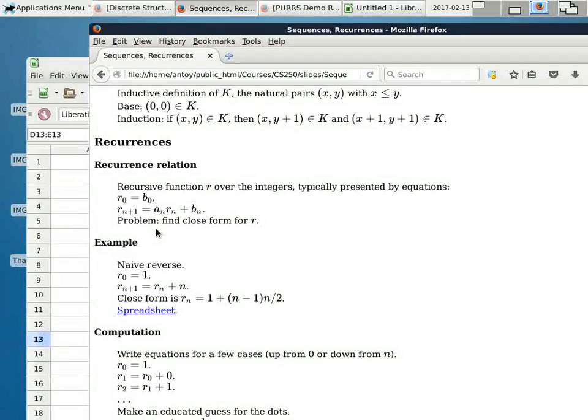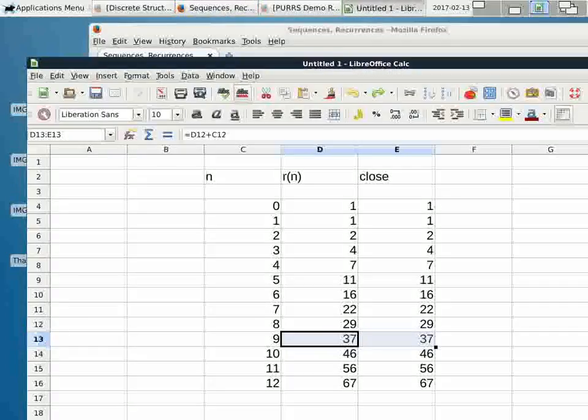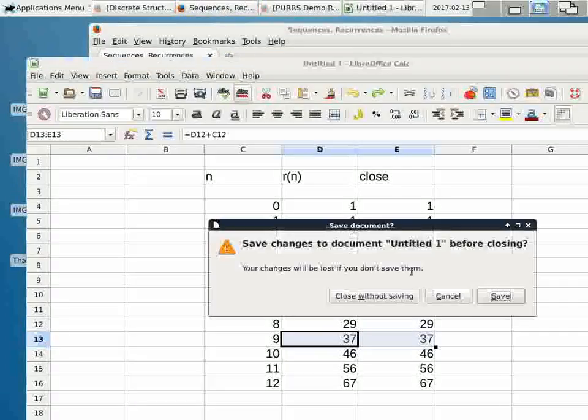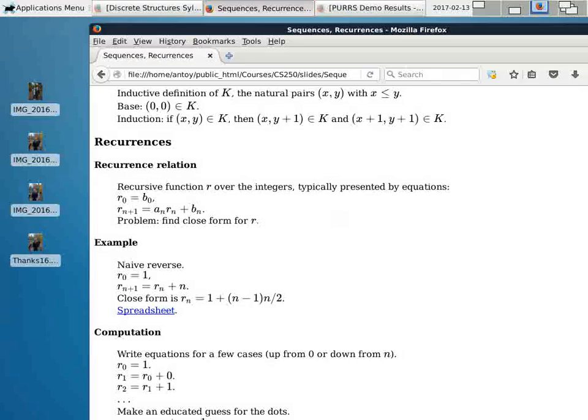With this one, we are done with the sequences. I close this spreadsheet. Yes, thank you.